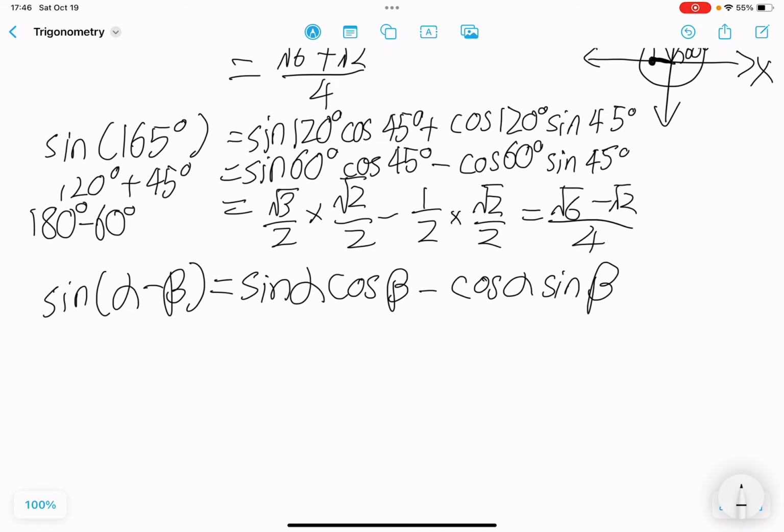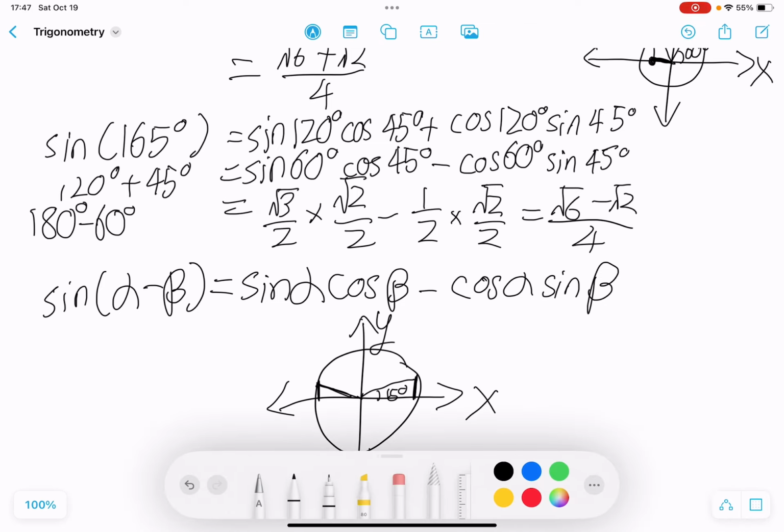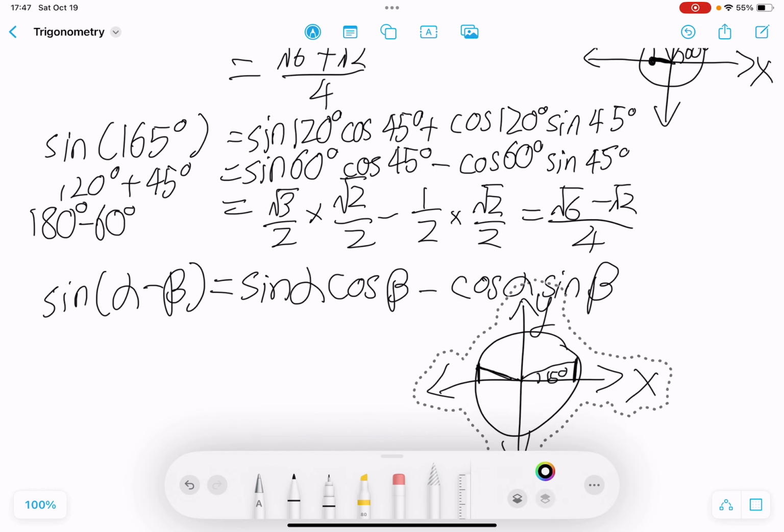And that is actually correct, because if you draw the unit circle, this is 15, and the sine value will be the same as for 165. You can just eyeball that. So this is actually correct.